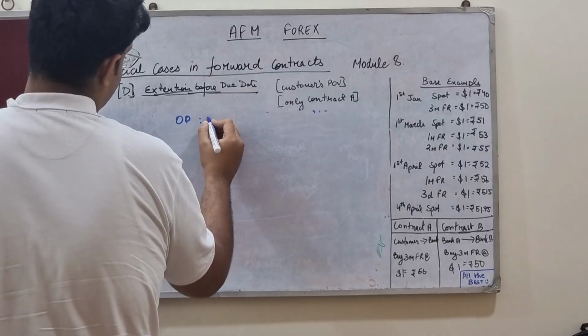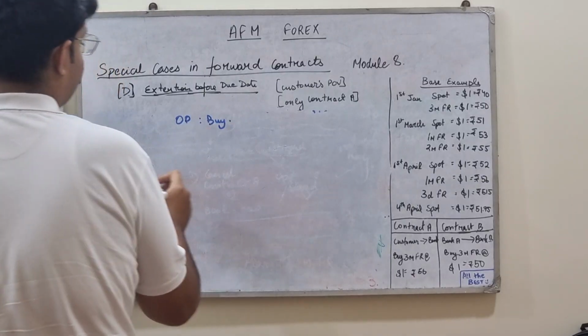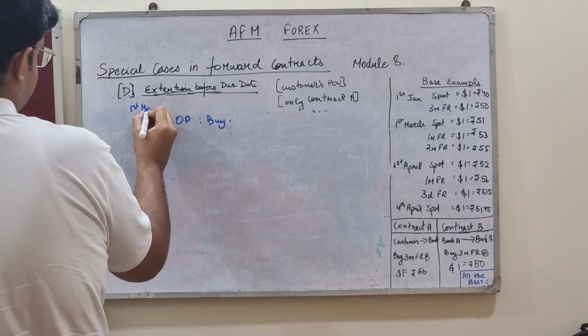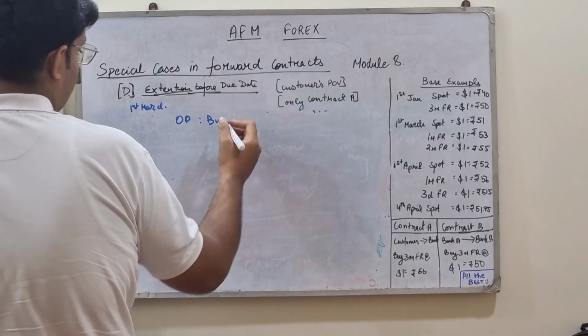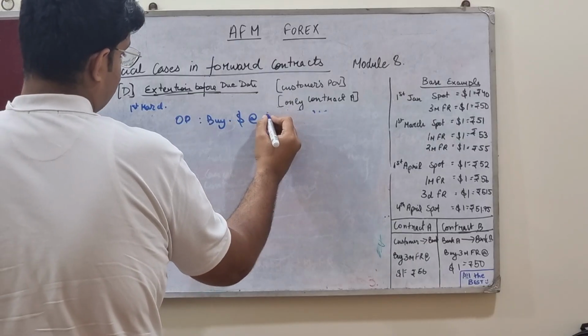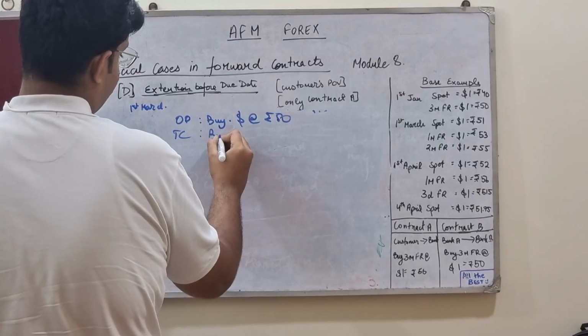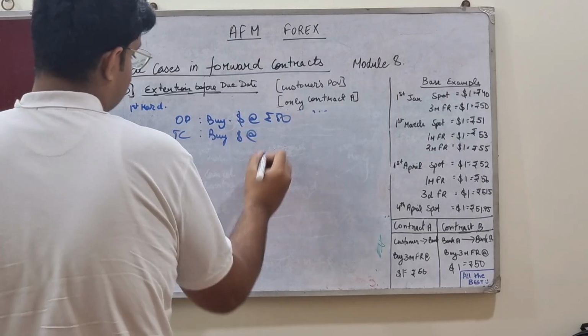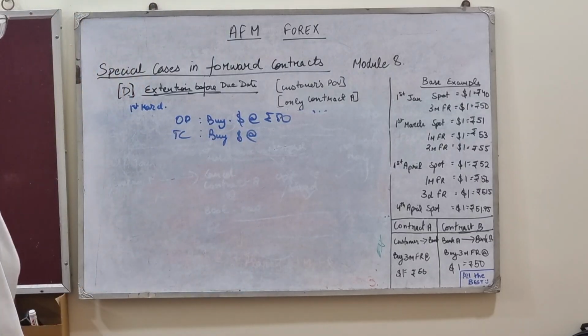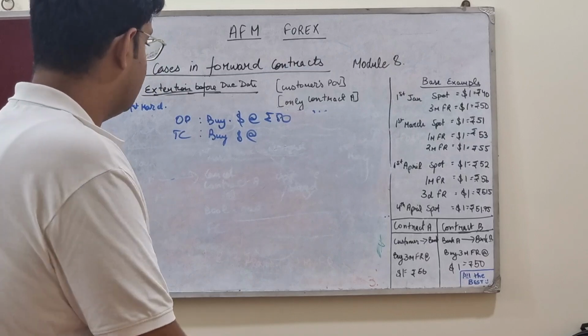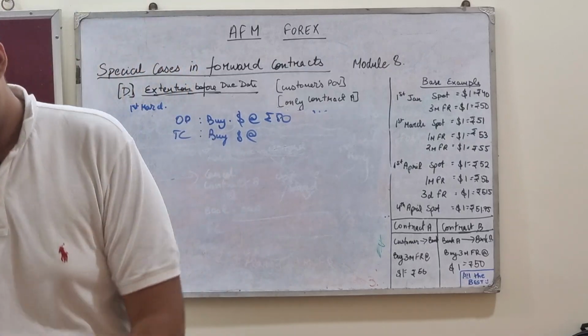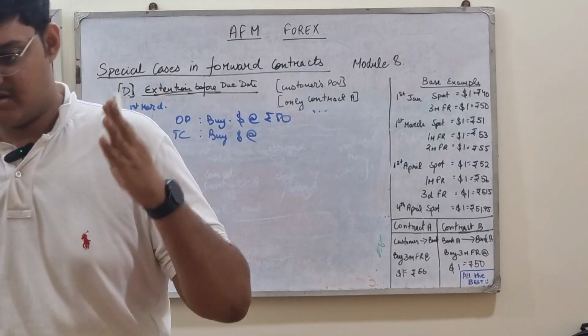Alright, so let me begin. Original position was buy, on 1st March. Buy dollar at rupees 50. To cancel, we need to buy dollar at, now this is 1st March, and I need to cancel something which is on 1st April. Again, this is 1st Jan, I entered into the contract on this date.